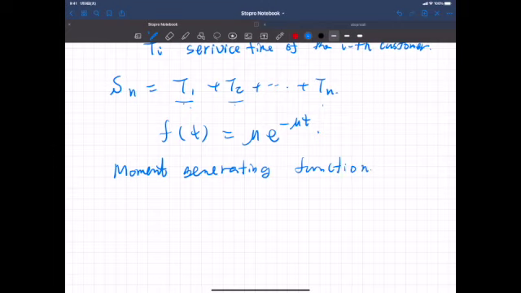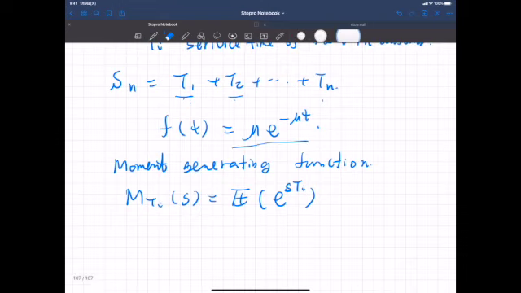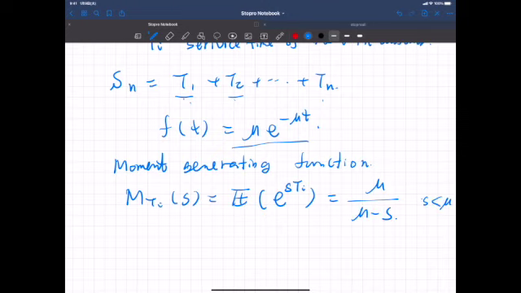It's a moment generating function. So the definition is, the moment generating function of ti is the expectation value of exponential of s times ti. And if you use this density function for the exponential distribution, then this should be equal to mu over (mu minus s). And s is supposed to be less than mu.